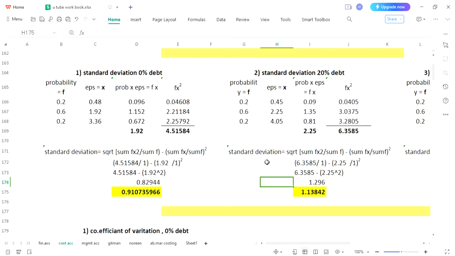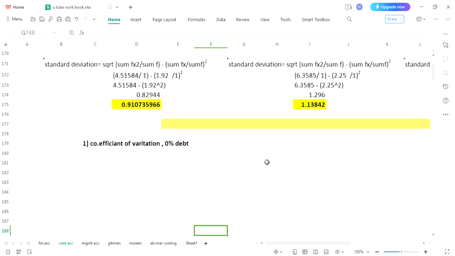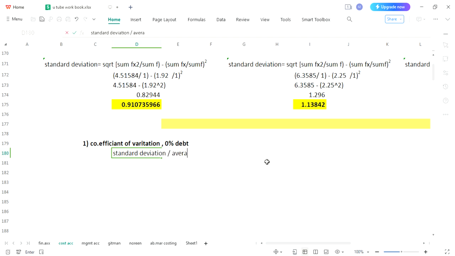So the first CV we are going to calculate, for which we need the standard deviation, first part, and that would be divided by average EPS, and this standard deviation is also for EPS.